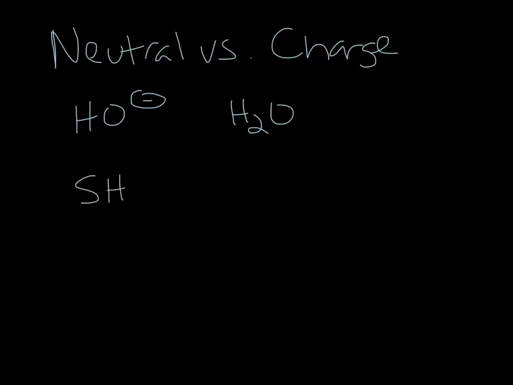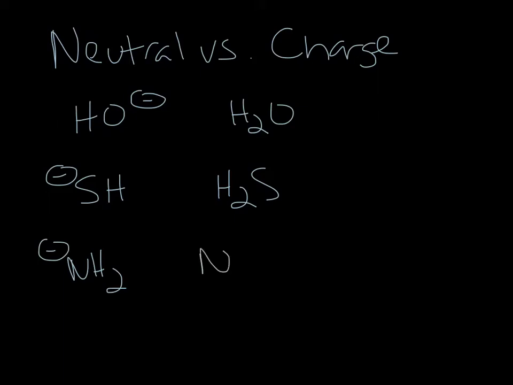So we could look at SH- versus H2S. We could look at the amide ion versus ammonia. And in all of these cases, the negatively charged species is going to be more nucleophilic than its neutral counterpart.